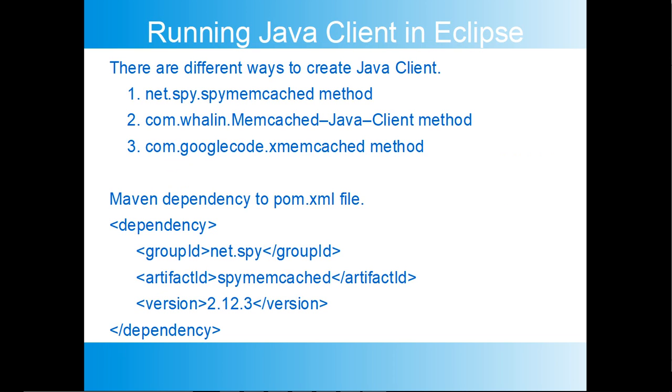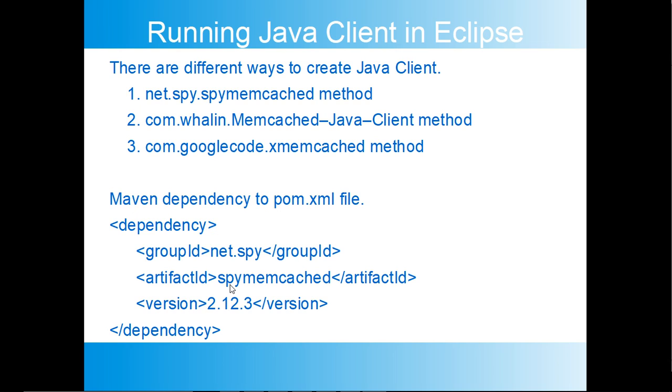Then also in Java we commonly use Eclipse, and there are some tools or plugins for that. And if you are building a Maven project, I have listed a dependency.